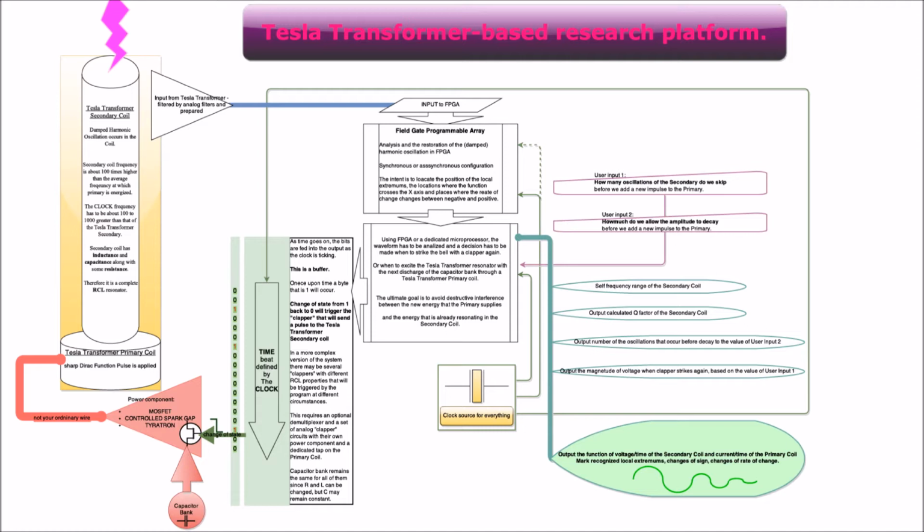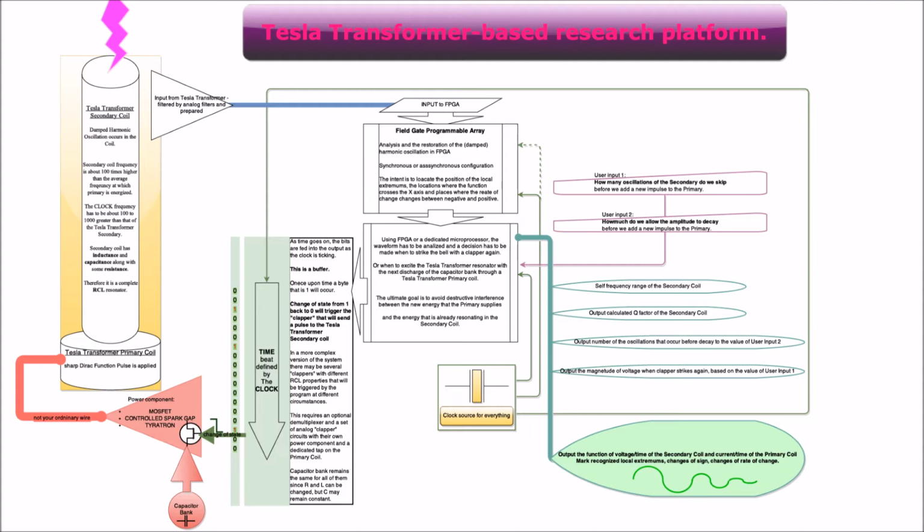There may be many approaches as far as the clapper circuit goes. It can be a spark gap controlled by the processor, or it can be a semiconductor or a vacuum tube. This circuit may use an FPGA or maybe some other processor controlled generator of pulses.